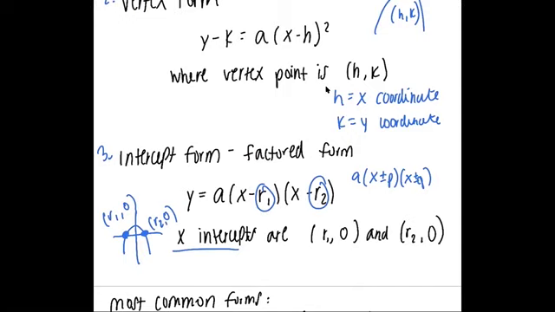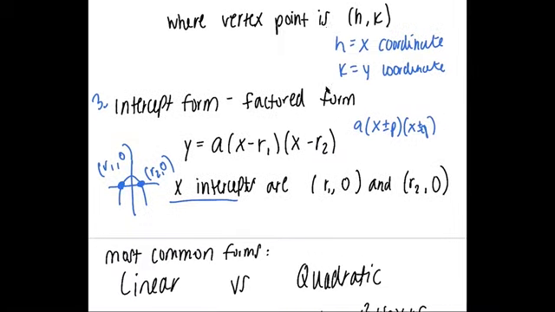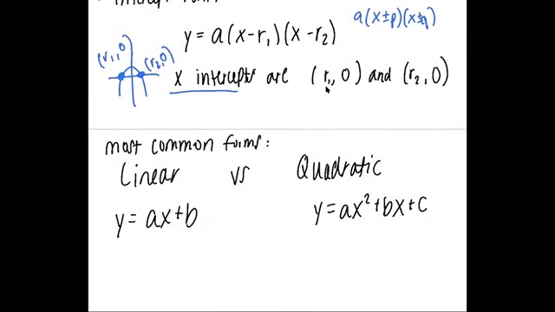Knowing this, we can work through problems relatively quickly if you know how to dissect what the forms are telling you. And then finally, among the most common forms, we've got linear versus quadratic. Linear is ax plus b, and quadratic is ax squared plus bx plus c.